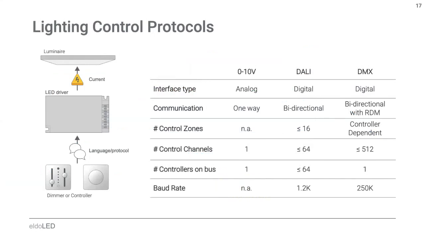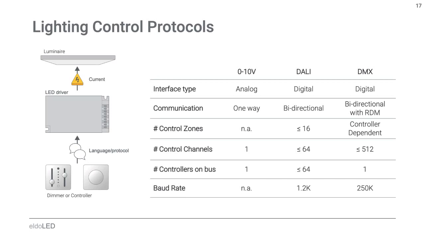From a lighting control perspective, you probably have seen this slide many times within eldoLED, but we like to touch on it based on the fact that we as an LED driver manufacturer are making the current based on the control input that we receive from the dimmer or the controller, and that's a language, a set point. And if you compare 0 to 10 volt and DALI and DMX all together, you see that 0 to 10 volt is mainly one-on-one.